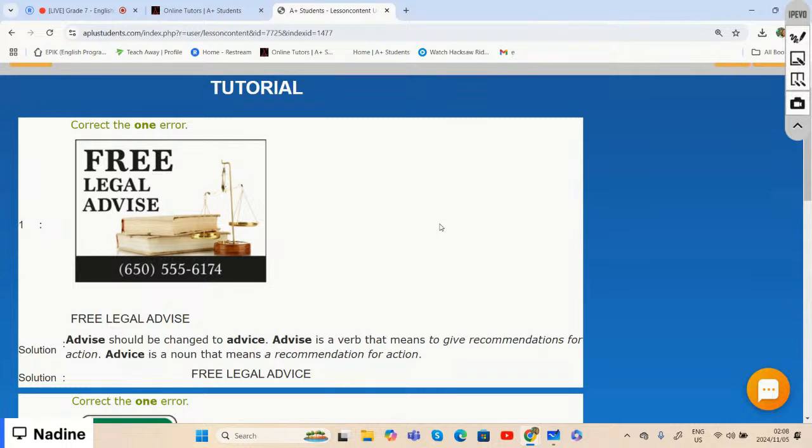Now, if we look at this sign, it looks like a little advice that they're giving us. We need to correct the one error within that. Is it a poster or a card or something?